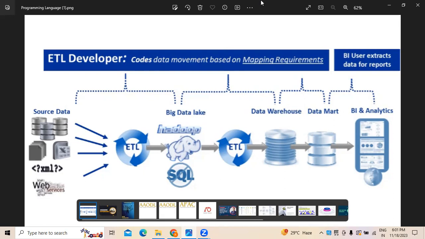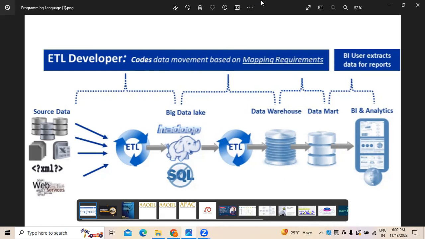Whenever we are working on the migration process, there are different stages of data which has to be transformed from legacy applications to the new application.